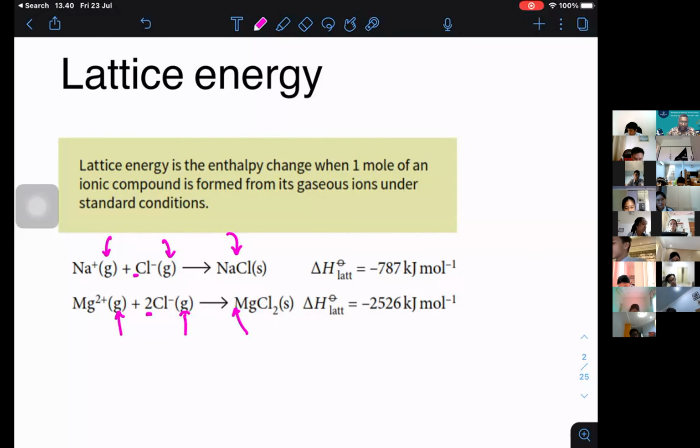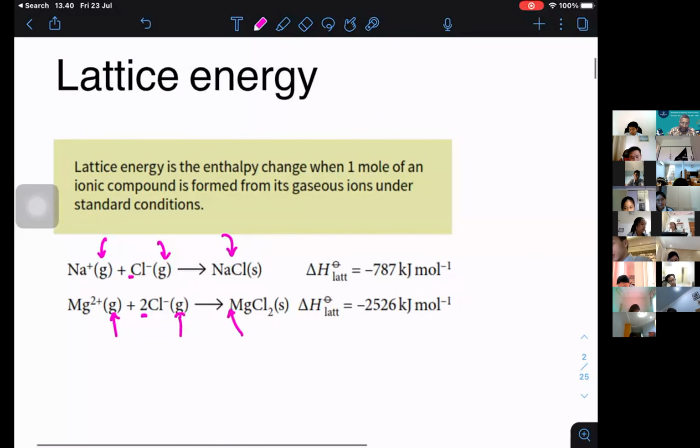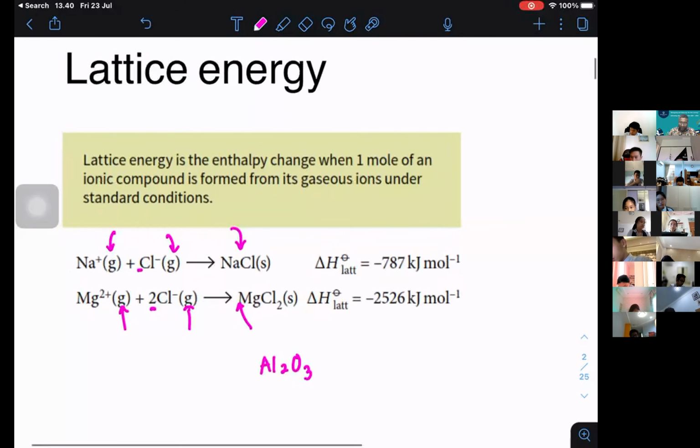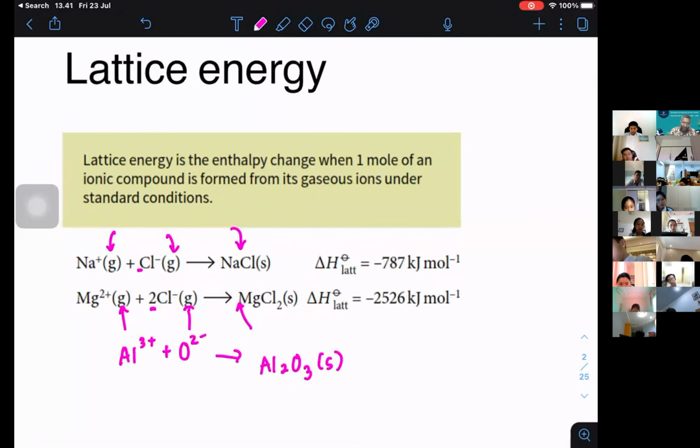If I want to write down, for example, the lattice energy of aluminium oxide, this is going to be solid, and you form it from its gaseous ions, Al3+ and O2-. They must be gas, and then you adjust accordingly, like when you balance: there are 2, so you put 2 there, there's 3, and you put 3 over there. Quite simple. This is going to be lattice energy.